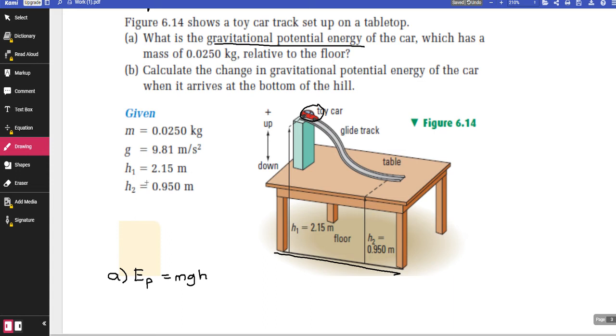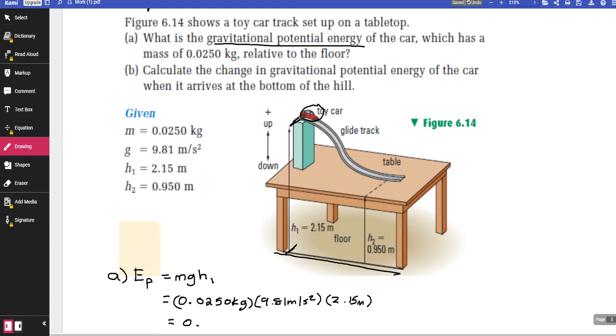And then I'm looking for the change in height from the top of the track to the floor because it's relative to the floor, so H1. So then our mass of the car multiplied by our gravitational constant multiplied by our change in height relative to the floor, which gives us an answer of 0.5?